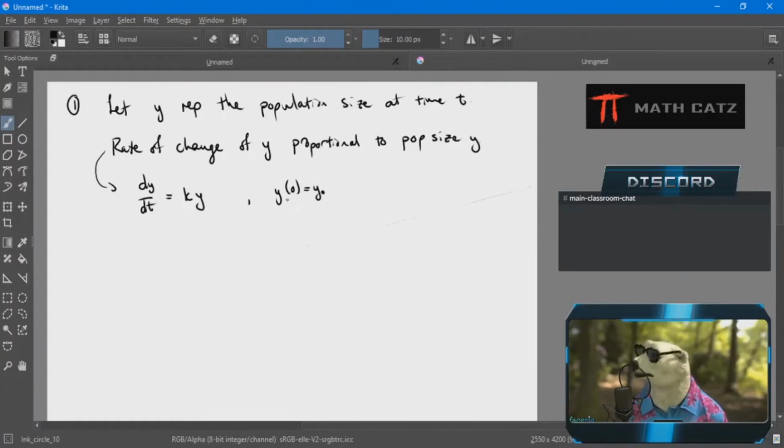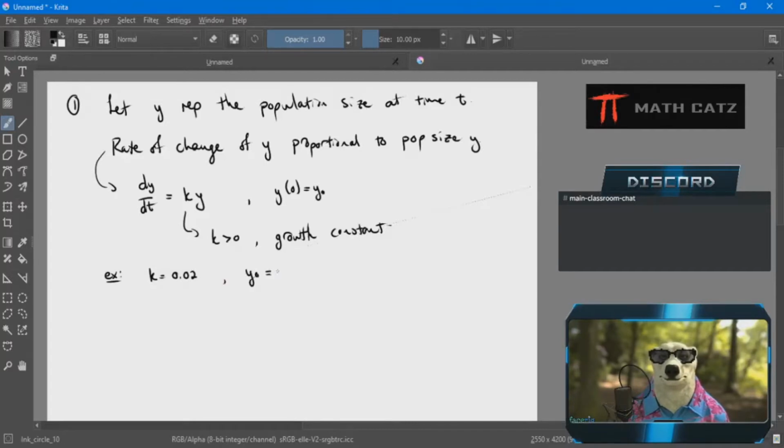So we have this differential equation with k being positive, and k is called the growth constant. So I have exponential growth. If we solve this, let's take an example. Let's suppose k is 0.02 and my initial population size is maybe 100 individuals.